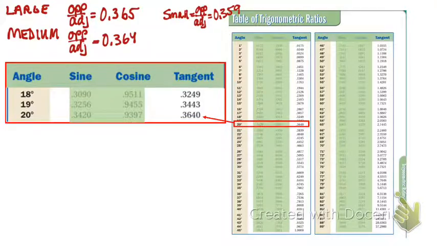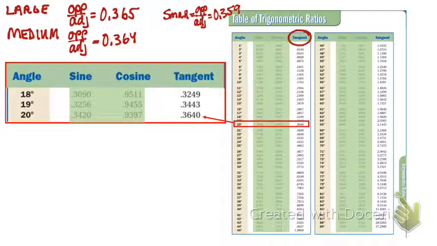Now we're looking at the trig table. And on the trig table, it will give us the most accurate measurement of what the opposite divided by the adjacent is in any 20-degree right triangle. So again, the way you find the information that you need is you go to the column that has your trig ratio in it, and we're working with tangent.